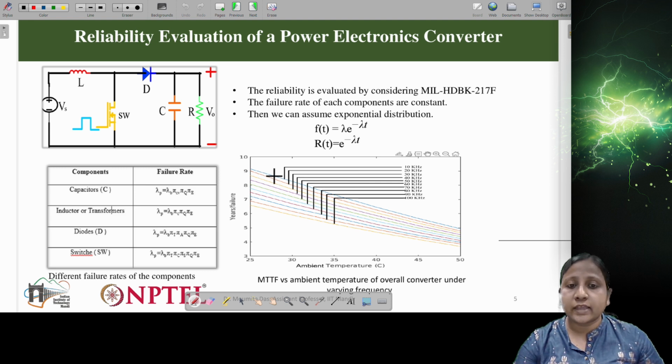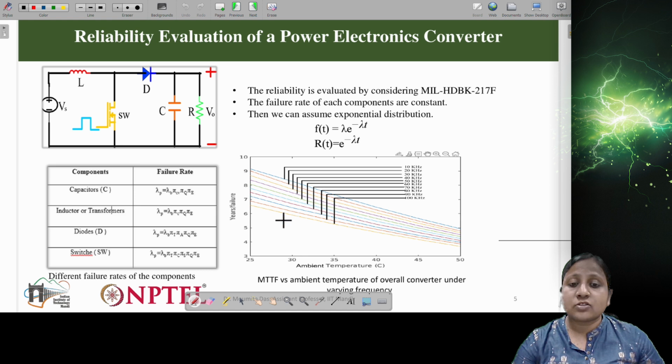The 10 kilohertz is the topmost line, and as the temperature increases, obviously the failure rate increases. But at any particular temperature, let's say 30 degrees Celsius, at 10 kilohertz the number of years it will sustain is more than 9. When we consider 100 kilohertz, the number of years it will sustain is around 6.5 years. That is how much is shown here.